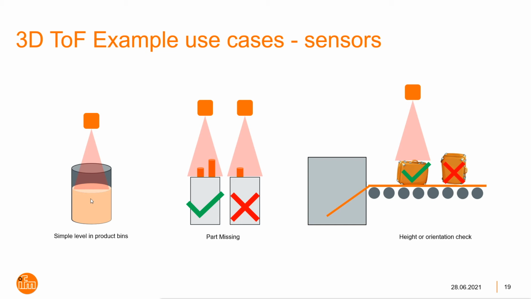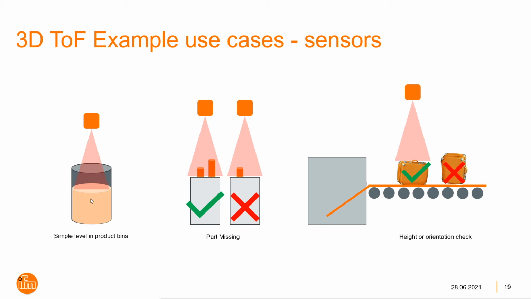Part missing: you could do this in 2D, you could do this with multiple sensors. If you do multiple sensors, you need multiple brackets, multiple cables, so it's costly. With a time-of-flight sensor, you do one camera, whole image, and also flexibility. If the product changes, you don't have to keep changing your photocells around or adding photocells, taking photocells away.